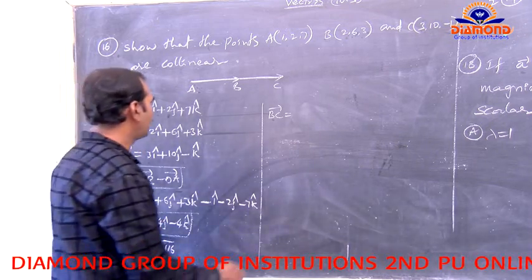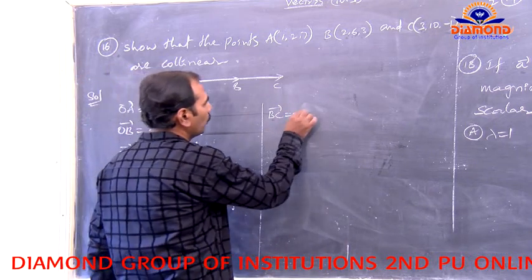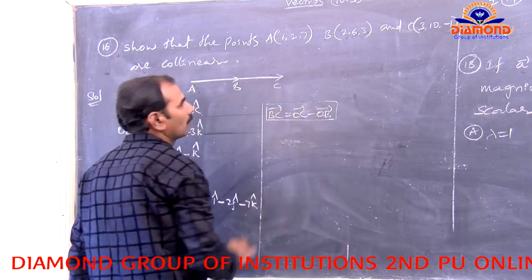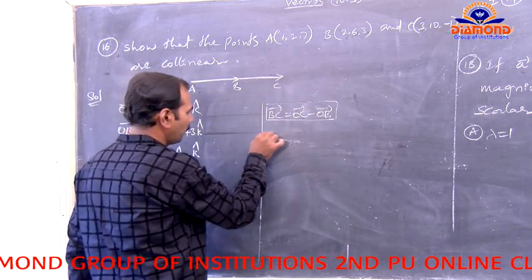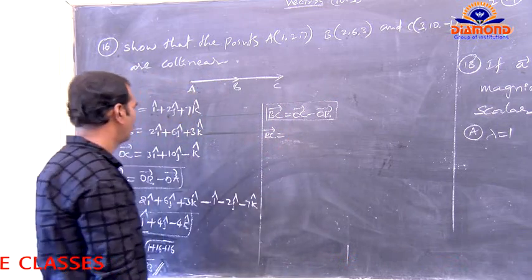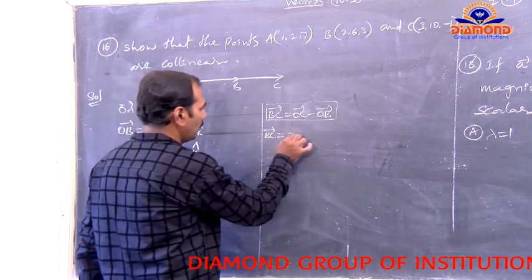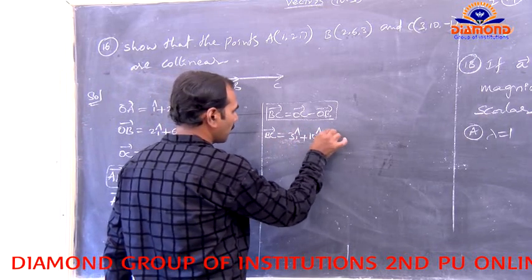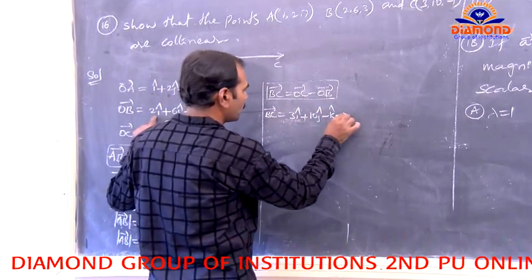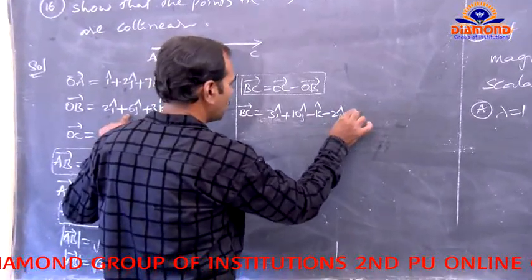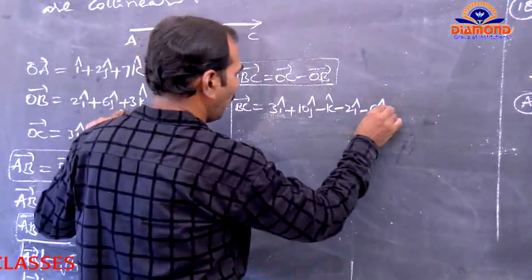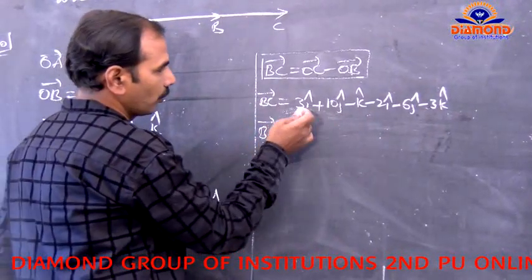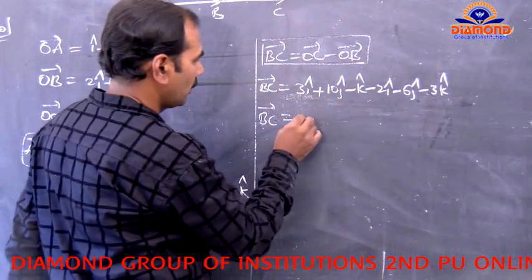Okay. BC means OC bar minus OB bar. Next, BC bar equal to OC, which you know already, 3I cap plus 10j cap minus k cap, minus 2I cap minus 6j cap minus 3k cap. BC bar equal to what you get?